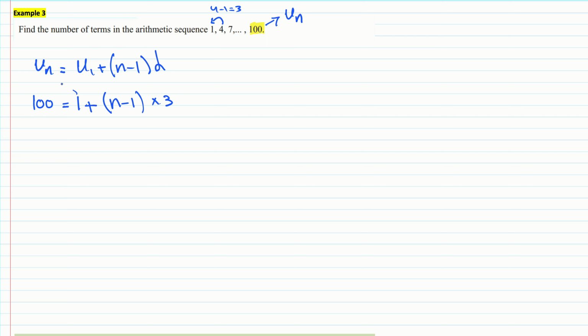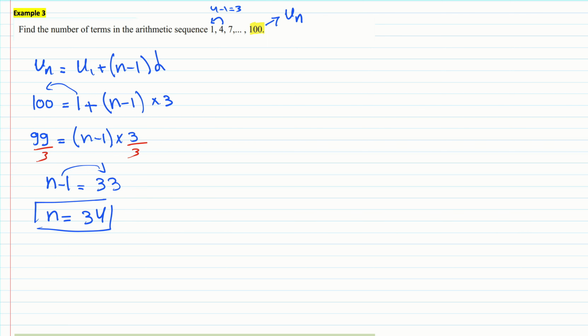I'm gonna move the 1 to the other side and subtract it. So 99 equals n minus 1 by 3. Now I'm gonna divide by 3 both sides. So n minus 1 equals 33. Move the negative 1 to the other side. So n equals 33 plus 1, 34.